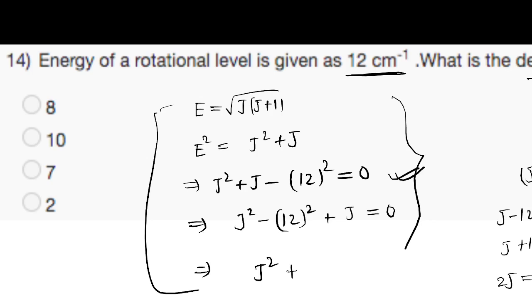I need to check this problem because we are getting J equal to 6. So this should be 2 times 6 plus 1, 13. But there is no option like this. So I will check on this. I am not sure. Sorry.